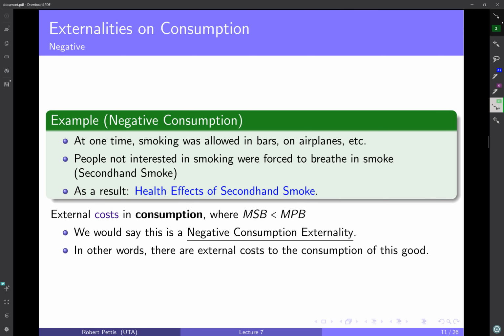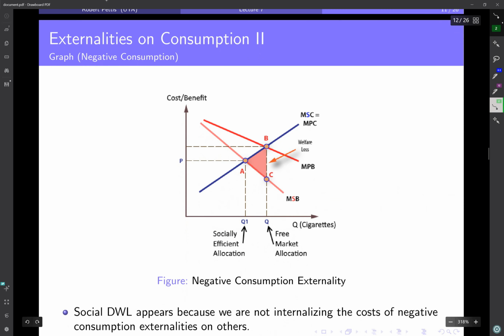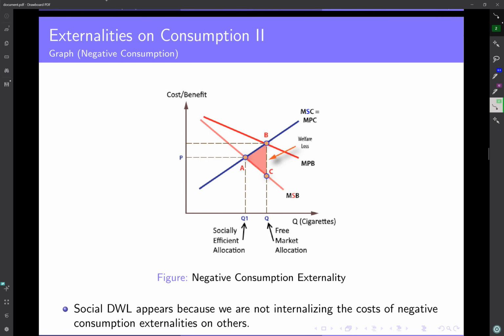Okay, and because of this extra cost to society, the marginal private benefit is going to be greater than the marginal social benefit. Okay, and that's because socially there's been this extra cost that's been imposed. Okay, so this one I didn't go ahead and highlight these, so these will be a little bit easier to do. So let's see what we've got here. So we've got one curve for production.